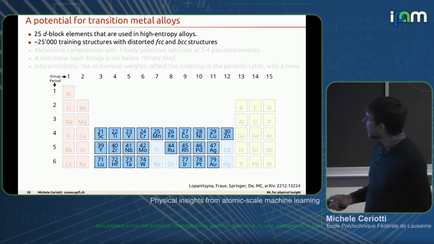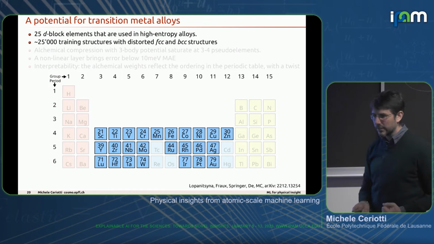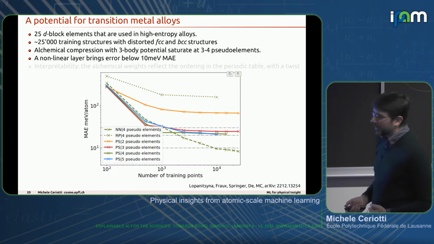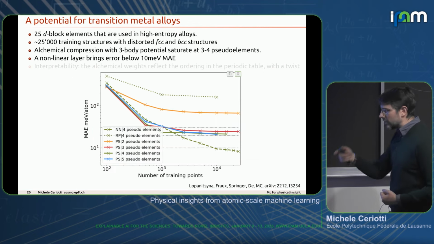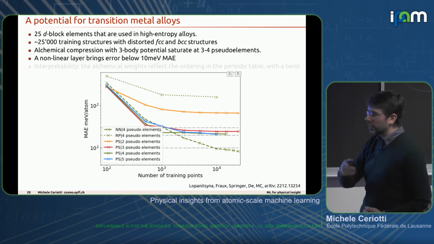And so with this, we can take a very large sector of the periodic table, a bunch of transition metals that are relevant for high entropy alloys, and we do a compression. So basically we build models that as the first steps compress these 25 elements onto 2, 3, 4, 5 alchemical channels.